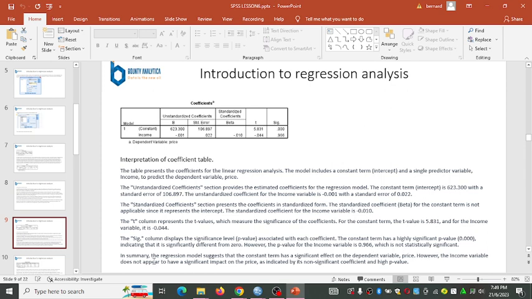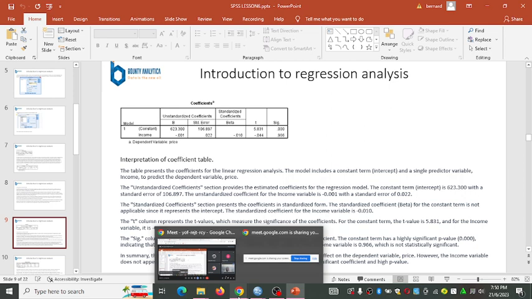However, the income variable does not appear to have a significant impact on the price, as indicated by its non-significant coefficient at this high p-value. So we cannot conclude statistically that income has an effect on price, because the p-value is not less than 0.05.